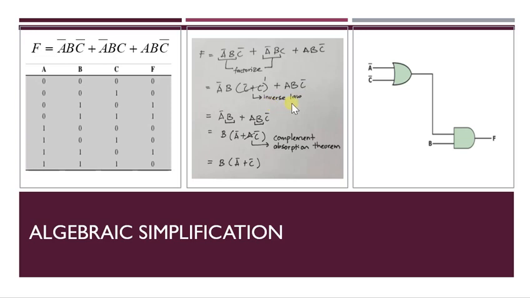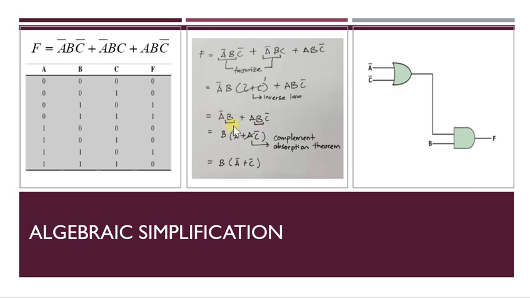Using the inverse law in algebra, C bar or C can be replaced by 1. So after the inverse law, it's going to be A bar B, or A B C bar.